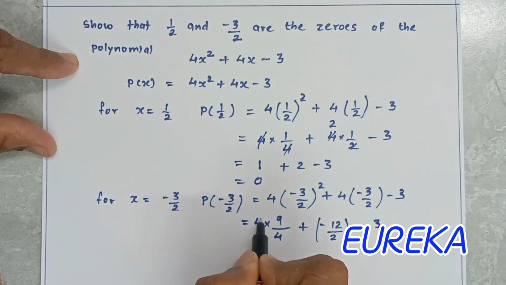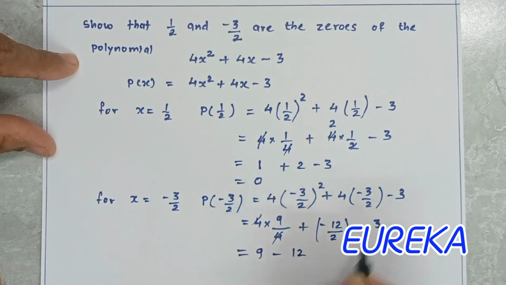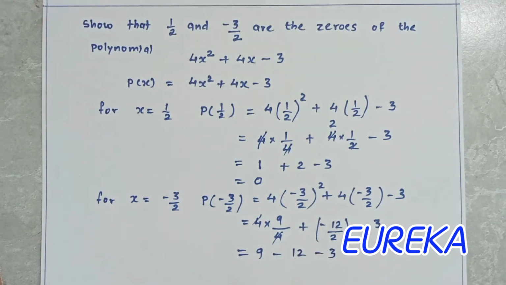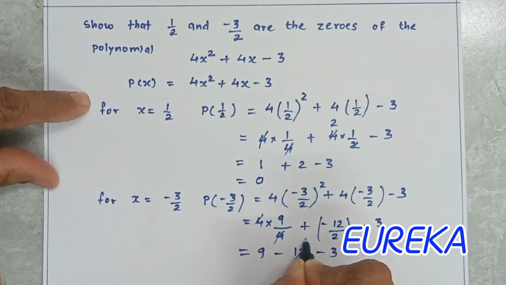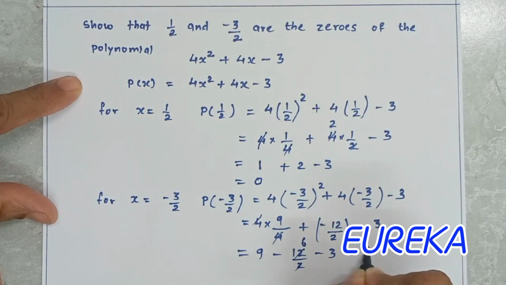Now in the first term the 4s cancel, leaving 9 only, plus (minus 12 by 2), which becomes minus 6, and then minus 3. So we are left with 9 minus 6 minus 3.